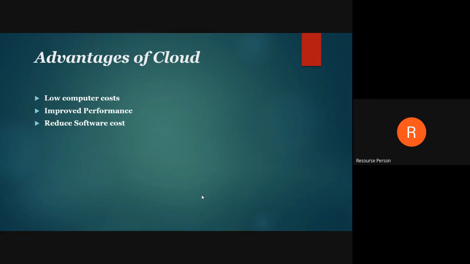But now things are easily available over the cloud. Infrastructure is almost cheap, and then there is software as a service, as I mentioned earlier. So everything is cheap and easily available, which reduces the cost of the software you use on your computer or phone.